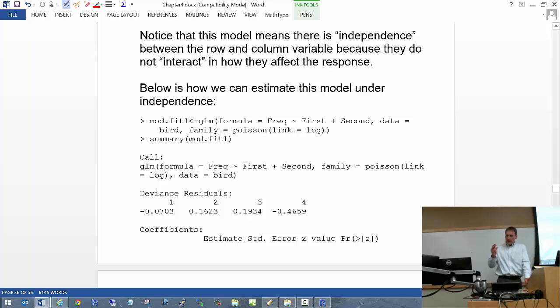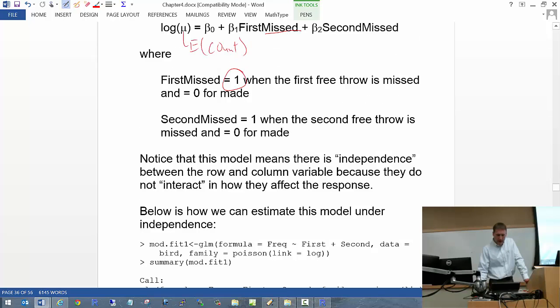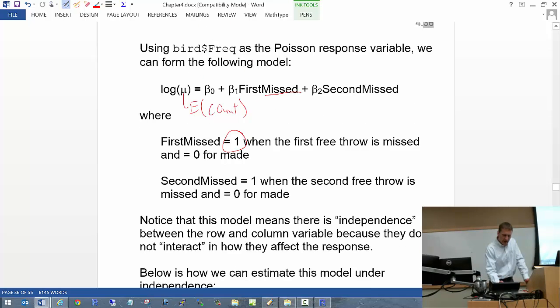Notice this model says that the effect the first free throw outcome has on the response is not at all affected by what happens on the second, and vice versa.